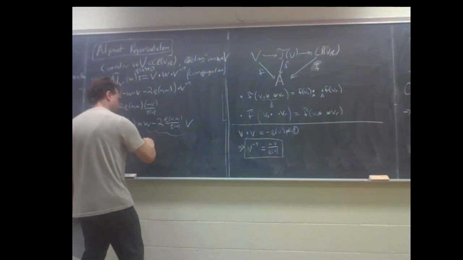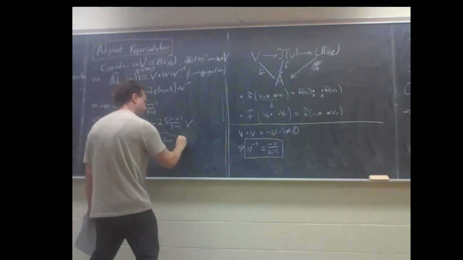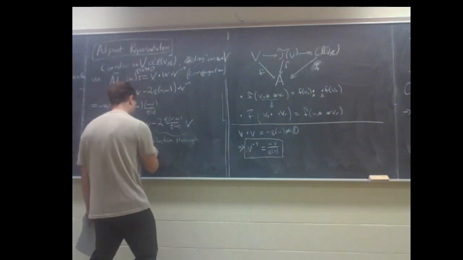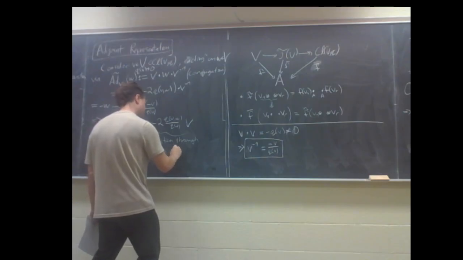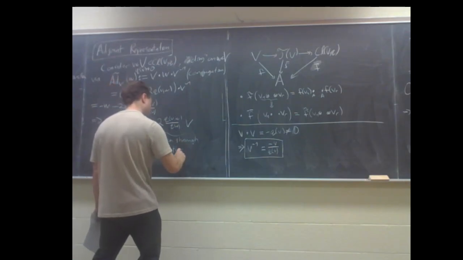And this expression would be reflection through the hyperplane orthogonal to V. So, but with this general bilinear product quadratic form, we've just generalized the notion of reflection orthogonal to V.